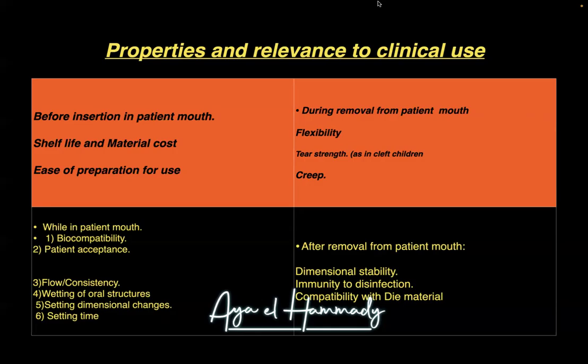Before insertion, I need to make sure of the material cost, the ingredients inside the material, whether it is easy to use or needs a lot of chair time, and the shelf life. And while you put it in the patient, what properties do I need to observe?